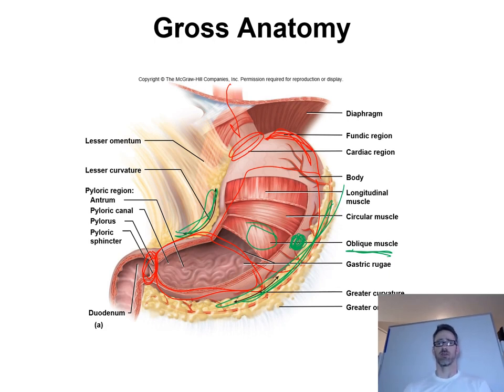And so effectively, with the alignment of all these muscles, you have kind of a scrunching activity of the longitudinal muscles, you have the constricting effect of the circular muscles, and then you have almost like a twisting effect of the oblique muscles. And so putting them all together gives you essentially like a scrunching, twisting, grinding kind of motion that the stomach can use to grind up the food that has entered the stomach. And at the same time, it will be secreting enzymes and acids and liquefying it and turning it into chyme.